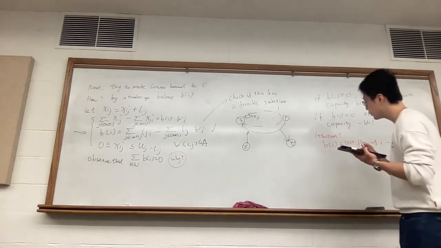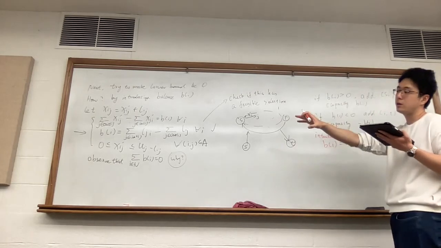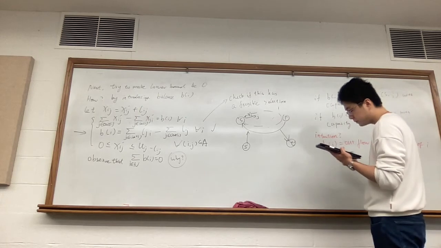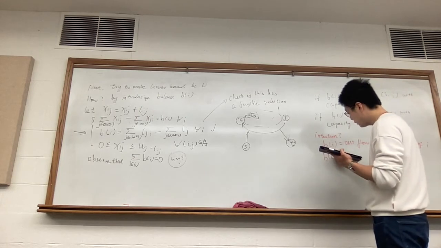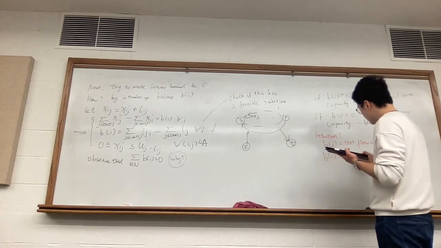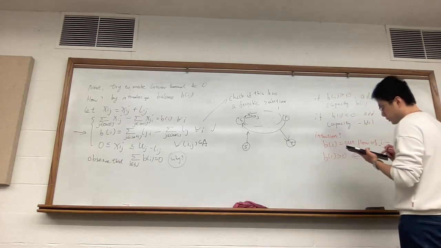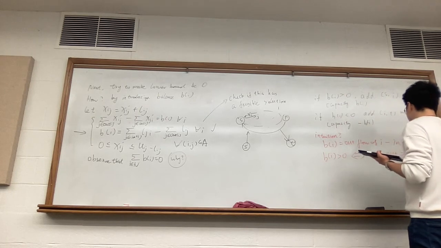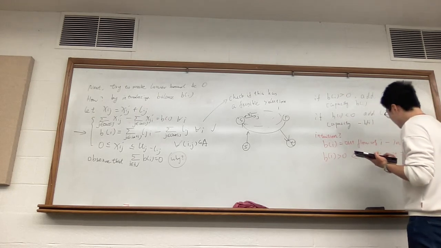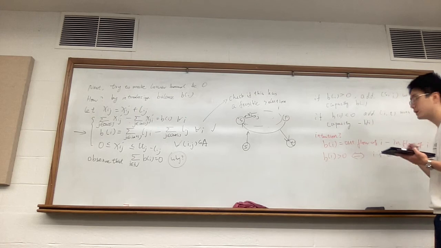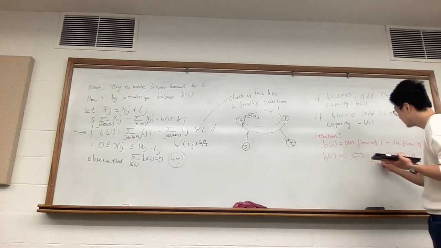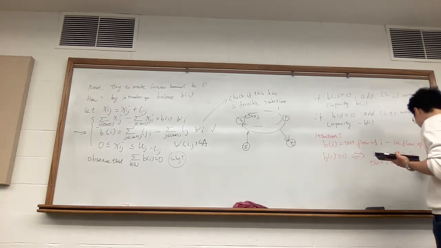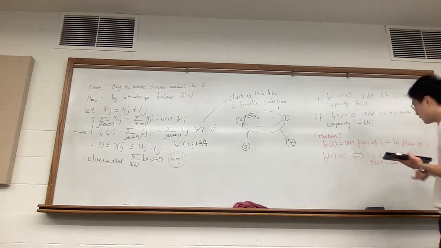This is for the balance. You pay how much you pay minus how much you earn. Then if BI is greater than 0, this is equivalent to I's out being greater than in, right? When I's out is greater than in, then I has a deficit.